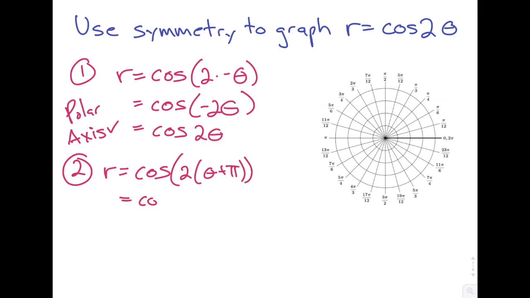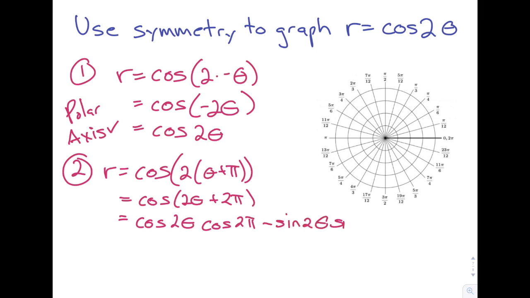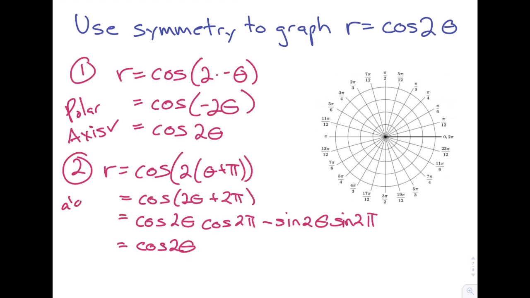That equals cosine of 2 theta plus 2 pi, which by addition and subtraction formulas is cosine 2 theta cosine 2 pi minus sine 2 theta sine 2 pi. That second term goes to 0 since sine of 2 pi is 0, and cosine of 2 theta times cosine of 2 pi is just cosine of 2 theta. So this graph also has symmetry about the pole, or about the origin.